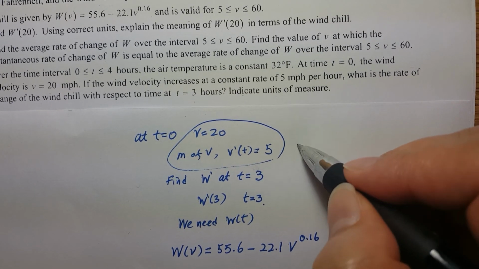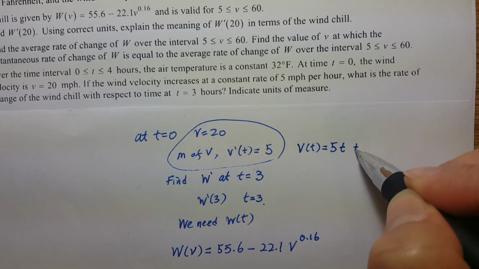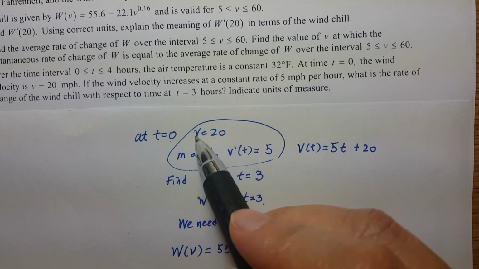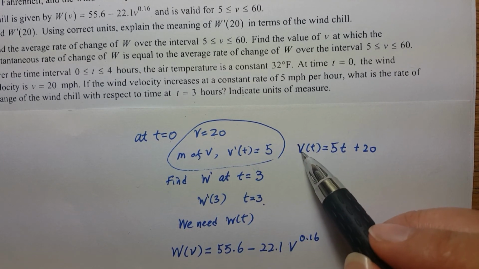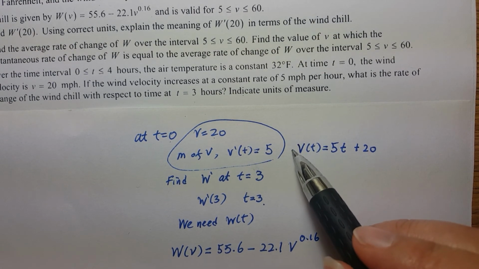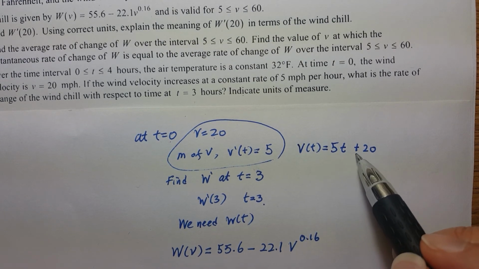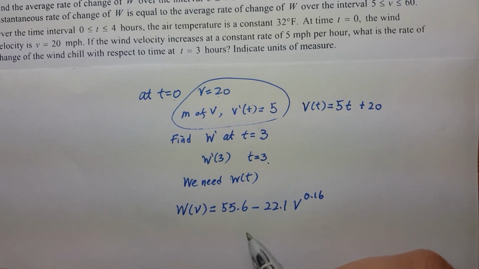So basically V of T equals 5T plus 20. That's the initial amount, which is the y-intercept. If I do the composition function and substitute V by 5T plus 20, then I can turn this into a function of time.